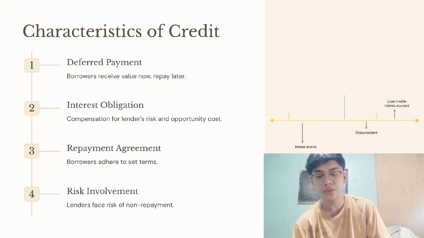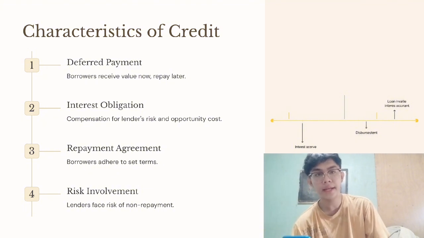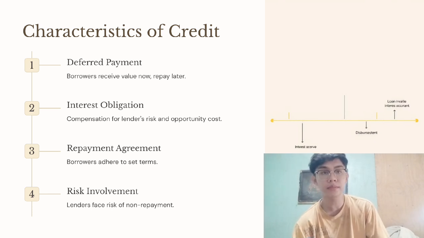Borrowers must adhere to set terms regarding repayment schedules and amounts. Next is risk involvement. Lending involves risk for lenders if borrowers fail to repay their obligation. Lastly, legal binding contract. Credit agreements are legally enforceable documents that outline the rights and responsibilities of both parties.